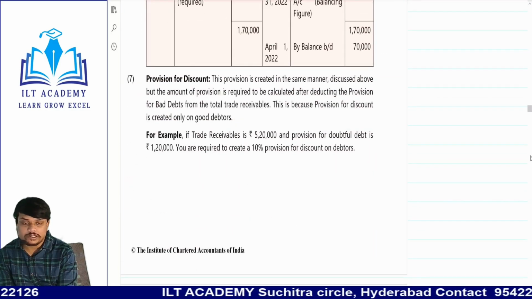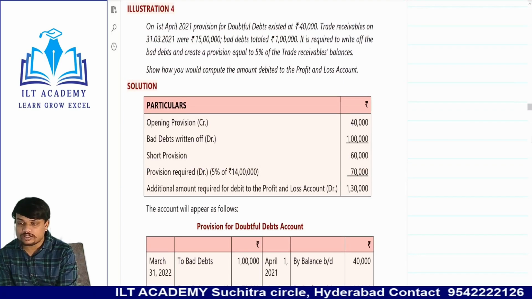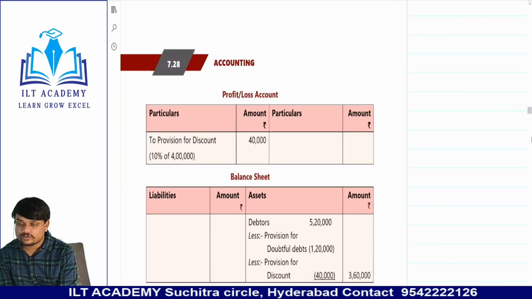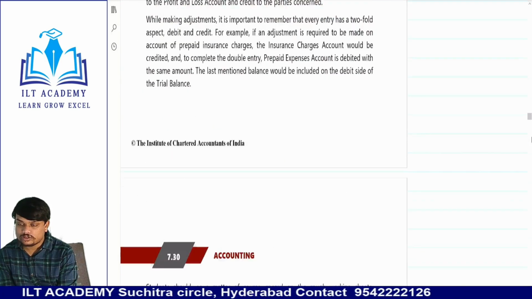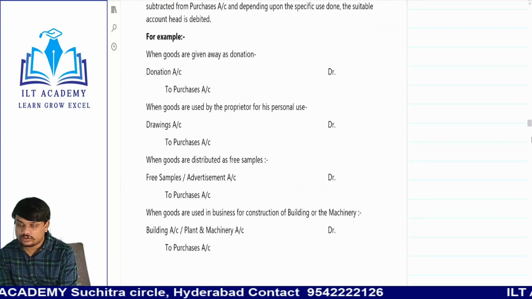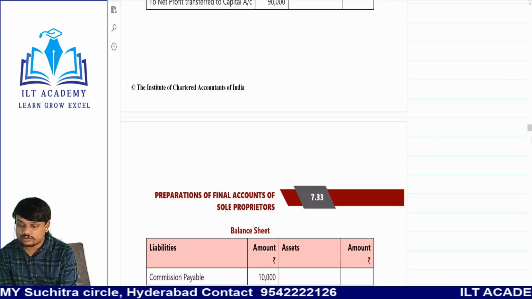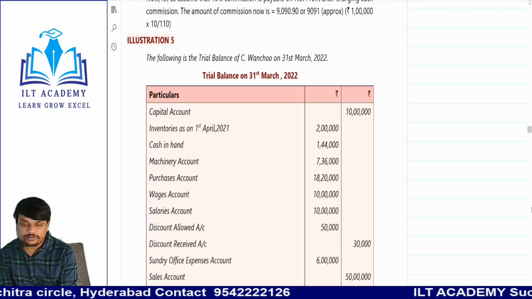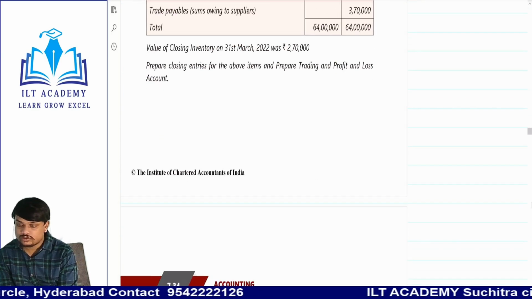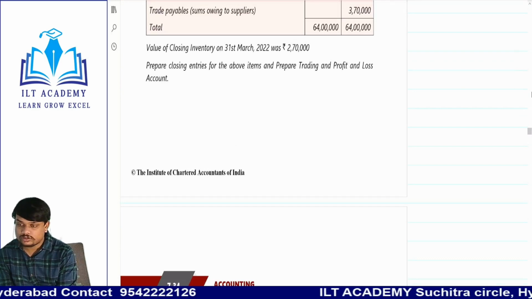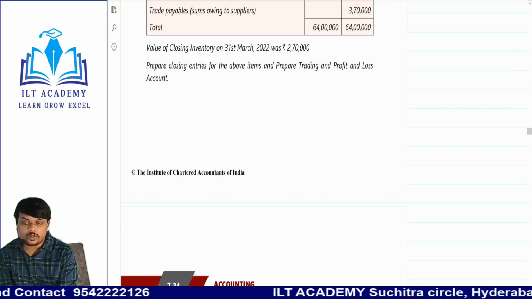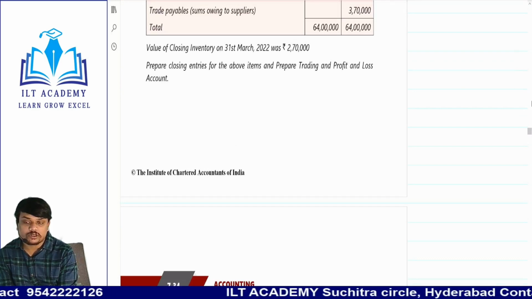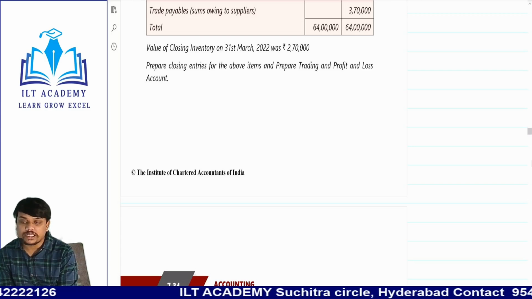Adjustments are there. We will be doing directly from the sum. Only two. Now the question is: prepare closing entries for the above items and prepare the trading and P&L account.